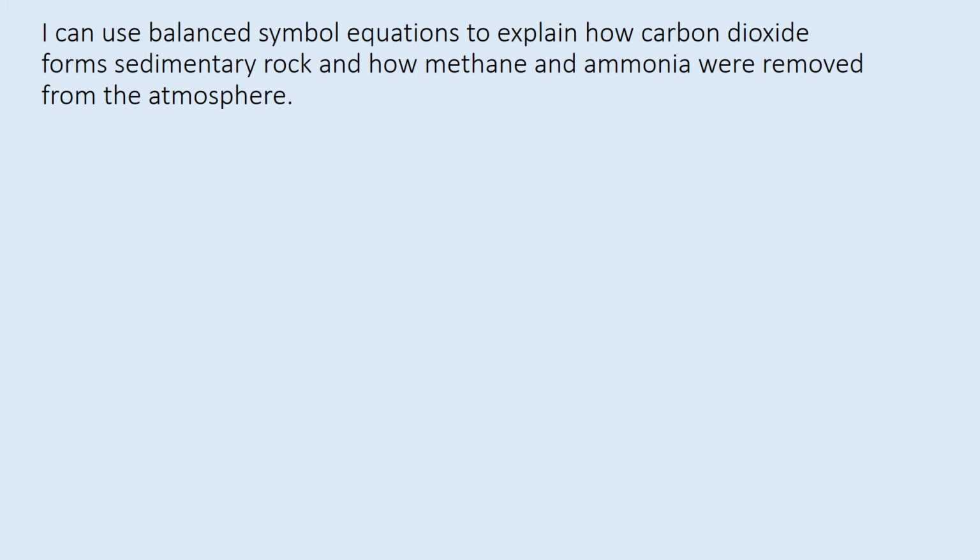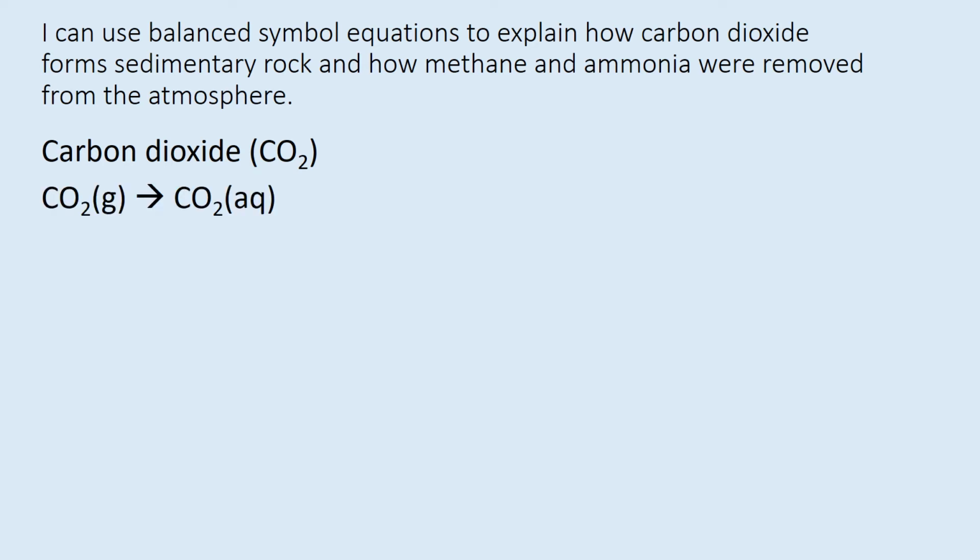Okay, so the next statement, which was pretty similar, says you can use balanced symbol equations to explain how carbon dioxide formed sedimentary rock and how methane and ammonia were removed from the atmosphere. Right, so first of all, let's look at CO2. So on the previous slide, we looked at the fact that carbon dioxide will dissolve in water. Now, in actual fact, when carbon dioxide dissolves in water, it actually forms something called carbonic acid.